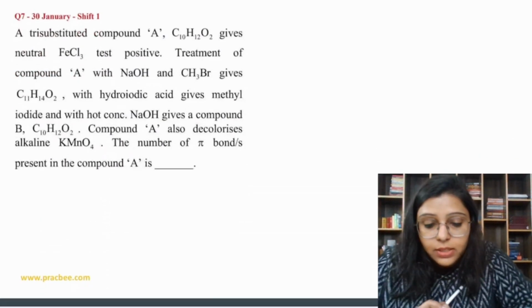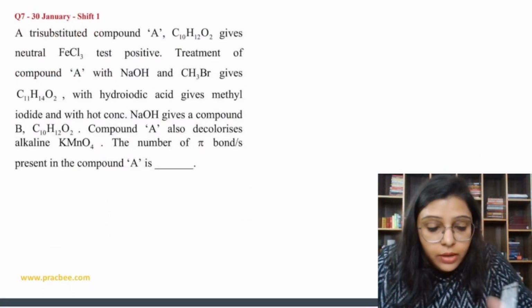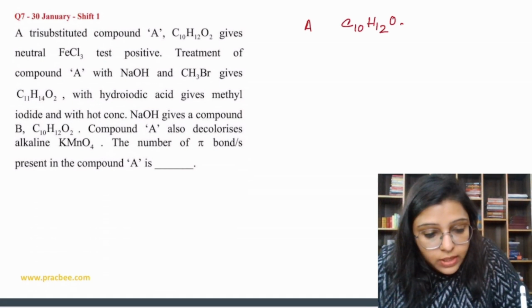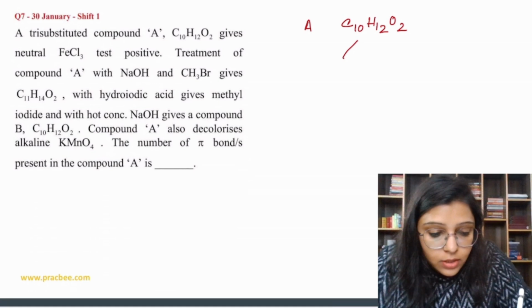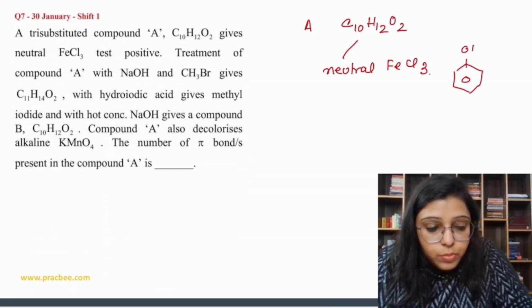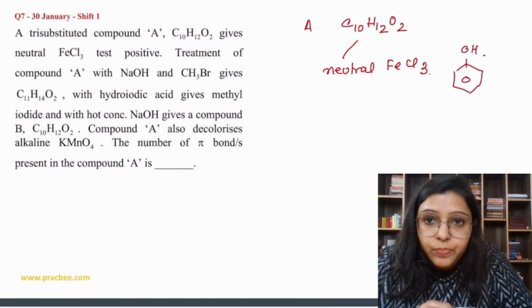So next question says a tri-substituted compound A, C10H12O2, gives neutral FeCl3 test. Neutral FeCl3 test means presence of phenolic group. Phenolic group should be present, होना चाहिए, right?